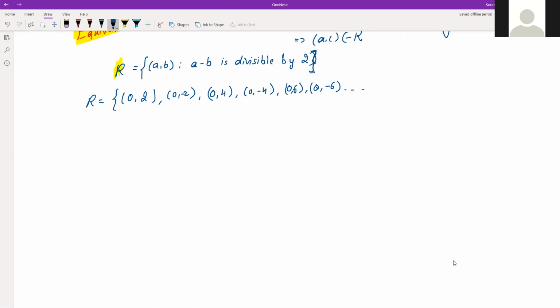And it's not like only 0. Even if I take 1, then 1 and 3 are related, and 1 and minus 3 are also related. 1 and 3 are related because the difference is minus 2. 1 and minus 3 are related because the difference is 4. So whether it is minus 2 or 4, both are divisible by 2. Same way with 1, we'll have 5 or minus 5, or 7 or minus 7, and so on.